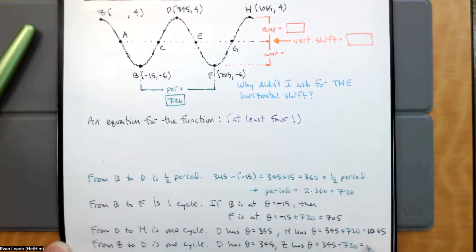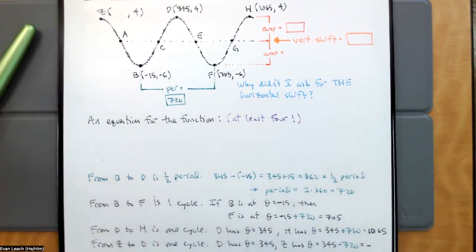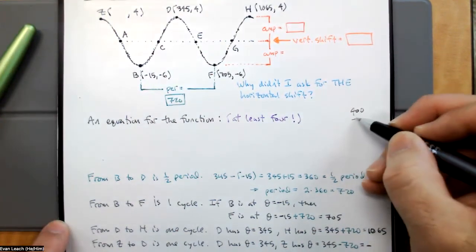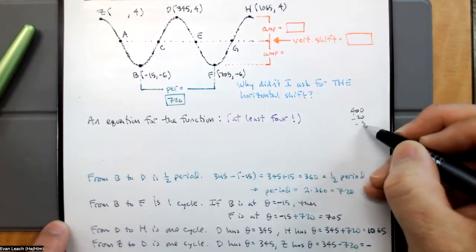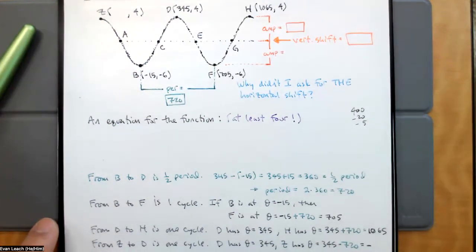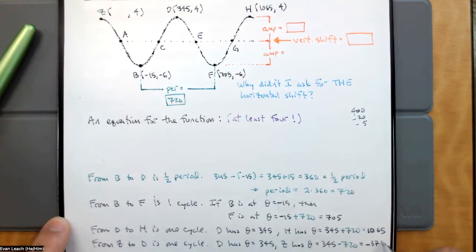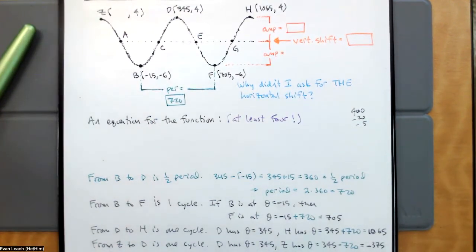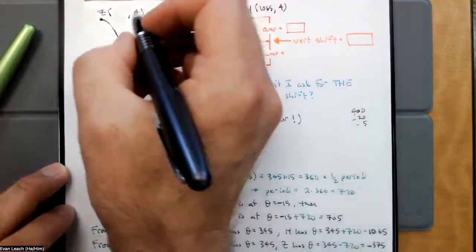Let's see, it's going to be something negative. 7 minus 3 is 4. 400 and negative 20, negative 5. How much is that? 375? I'm doing arithmetic. I'm not very good at it, so I want to check my math.